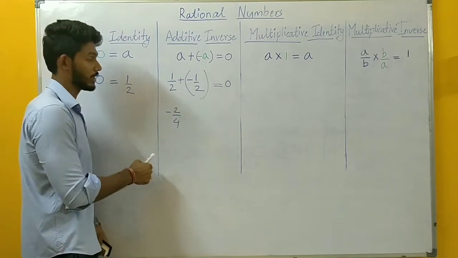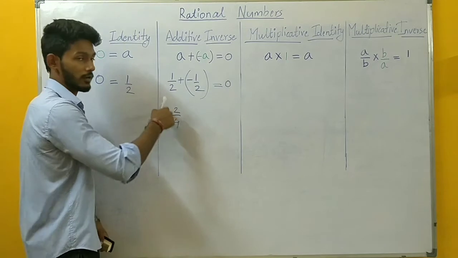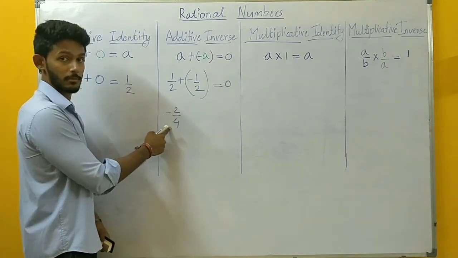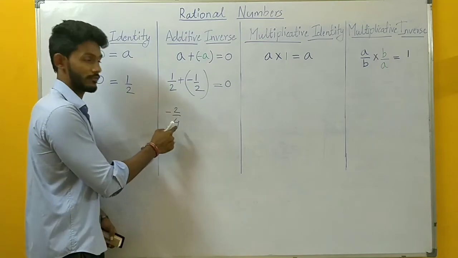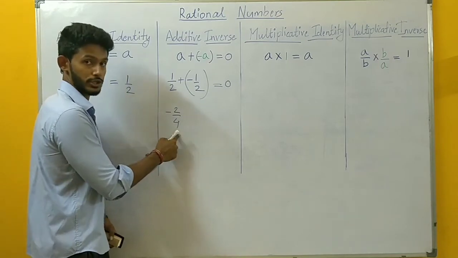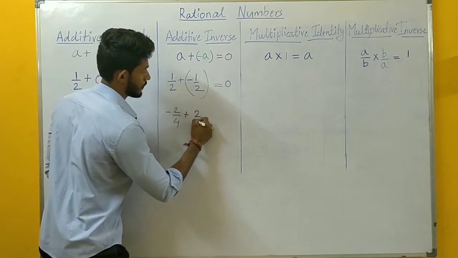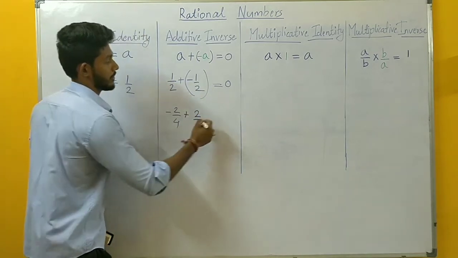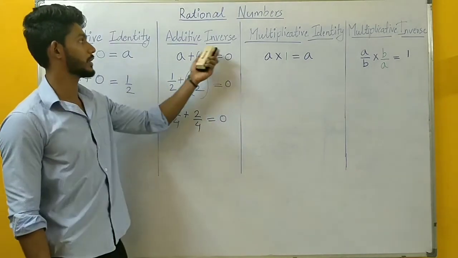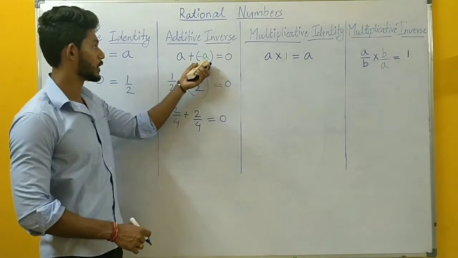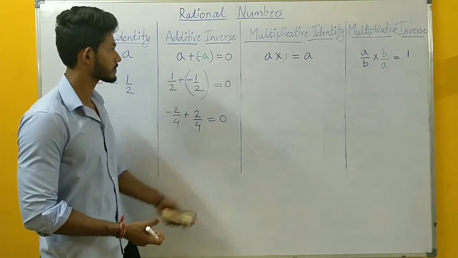The additive inverse of this will be the opposite of this number, which is positive 2 upon 4, because if we add positive 2 upon 4 we get 0. So basically the additive inverse is the negative of the given number, or the opposite of the given number.